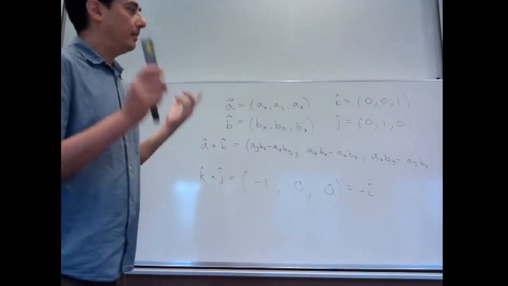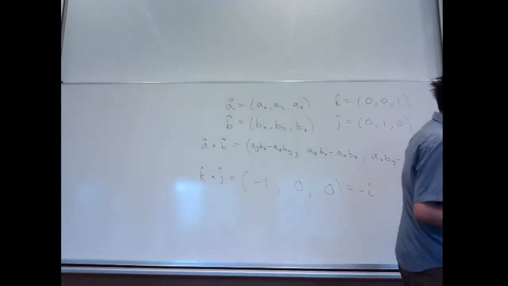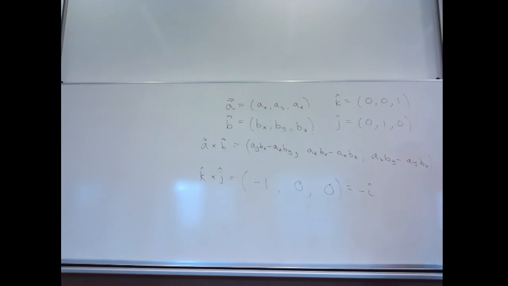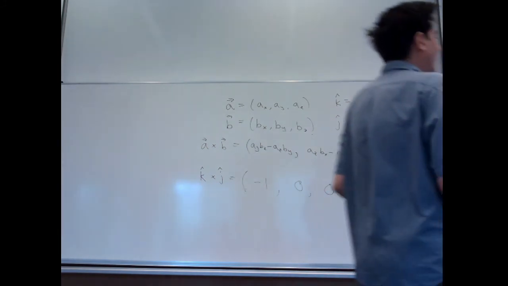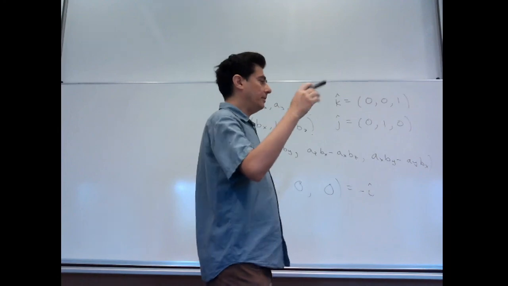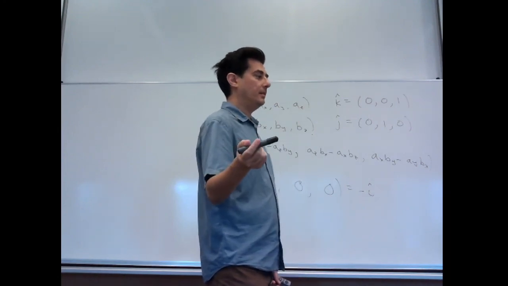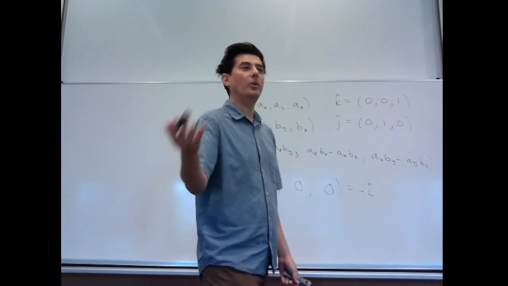So the simple way to remember all these formulas is to basically just remember this diagram here. And so the rule is that if it's i times j, then it's the one that is not there, right?